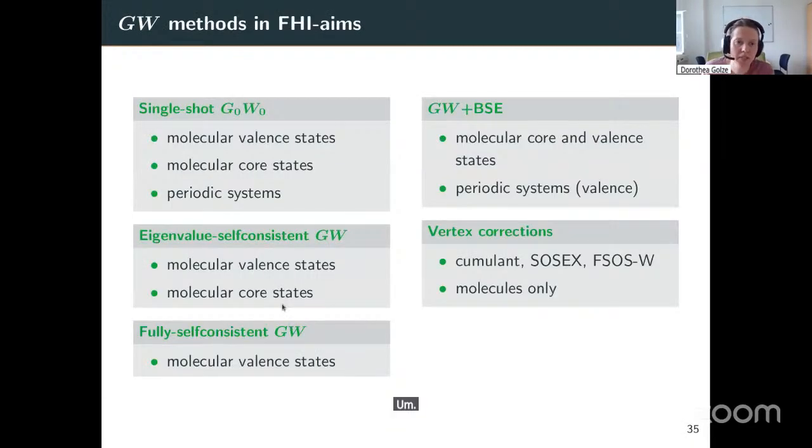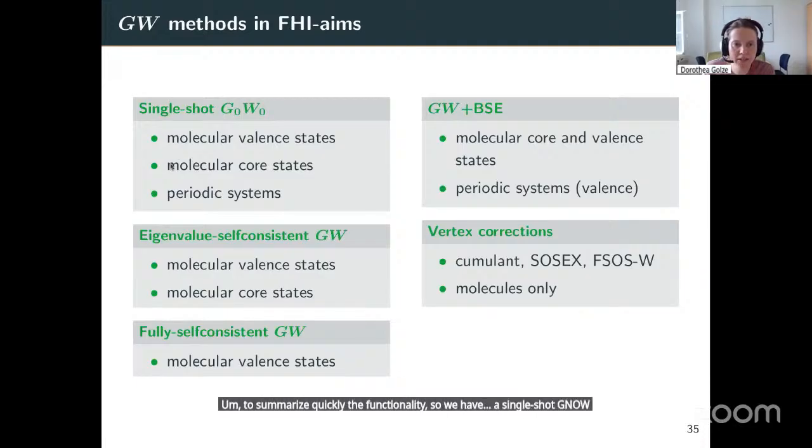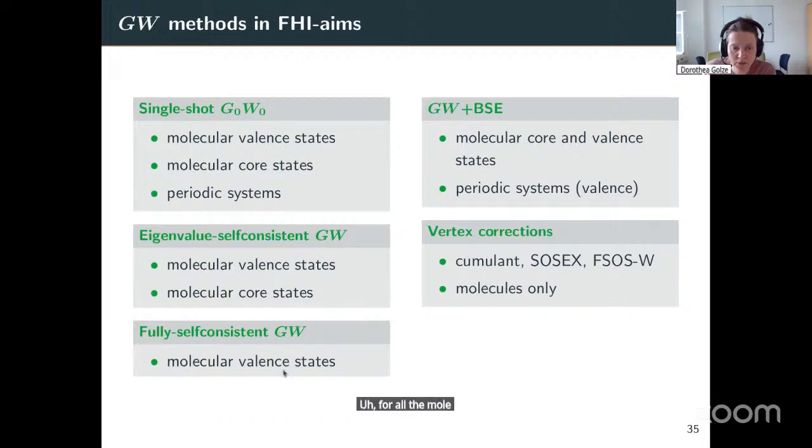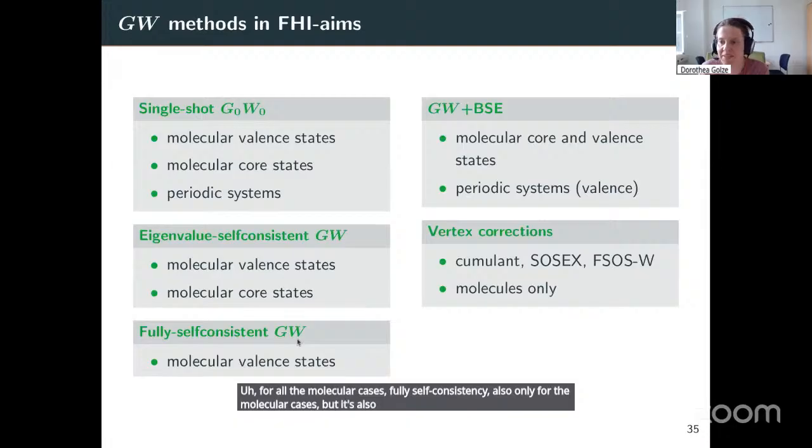To summarize quickly the functionality, we have single shot G0W0 for molecular valence states, molecular core states, periodic systems, eigenvalue self-consistency for all the molecular cases, fully self-consistency also only for the molecular cases, but it's also terribly expensive. I think it is not really feasible.